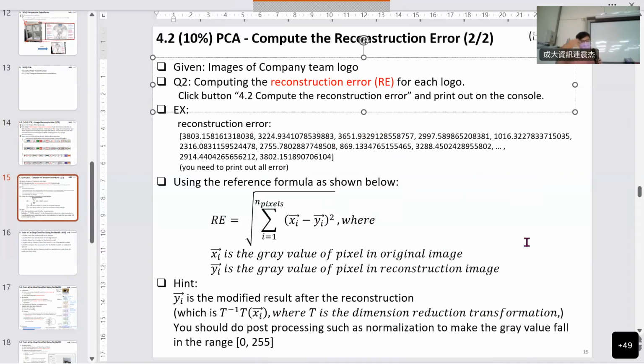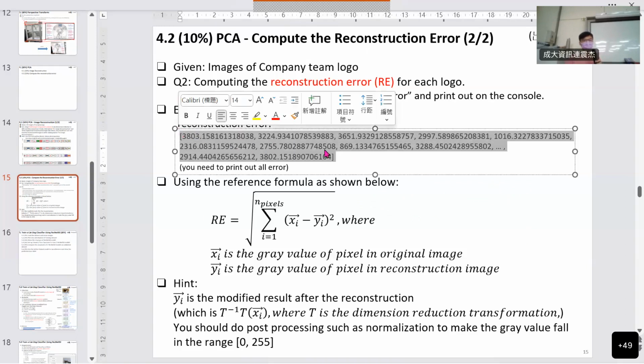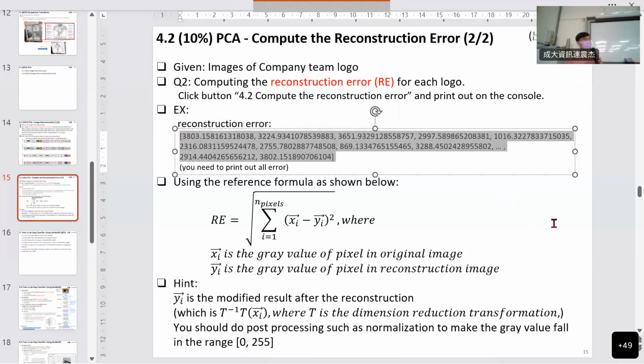You should calculate all the reconstruct errors by using, what should I call, root square sum. Yeah. And after you calculate all of the errors and you click the button, you will need to show us all 30 reconstructed errors using this array.